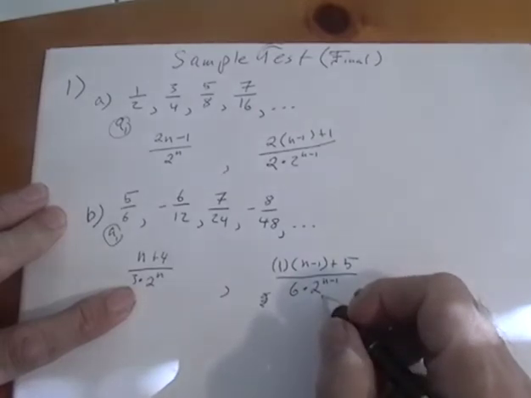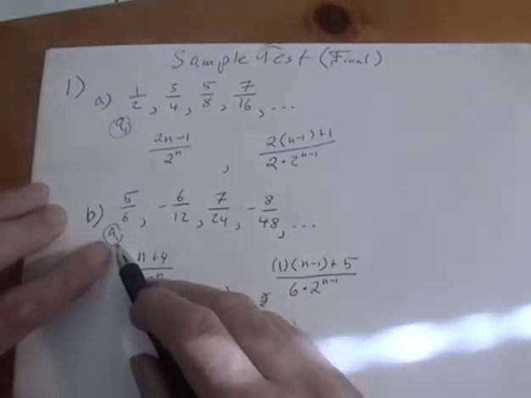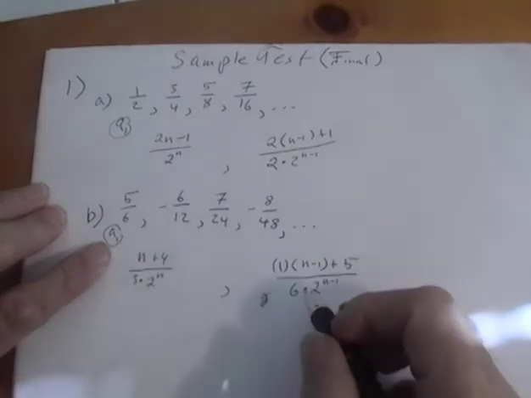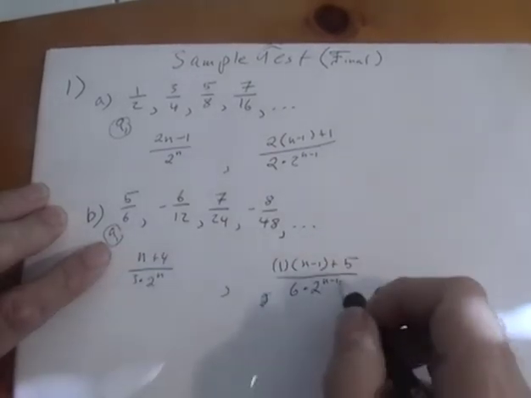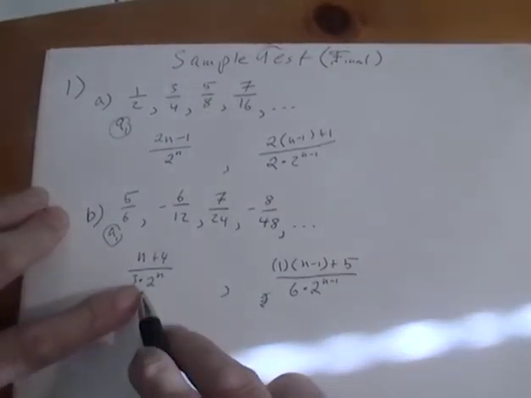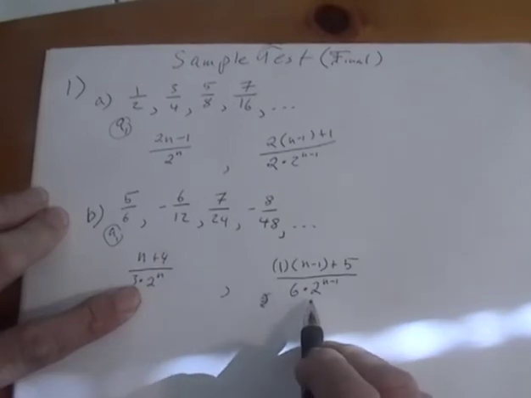That's if you start with the first term. If you had started with the 0th term, it just would have been first term times 2 to the n. And this turns out to be equal to this.